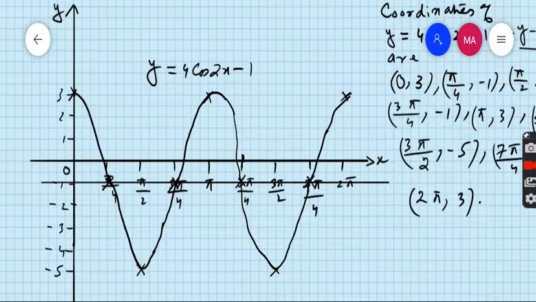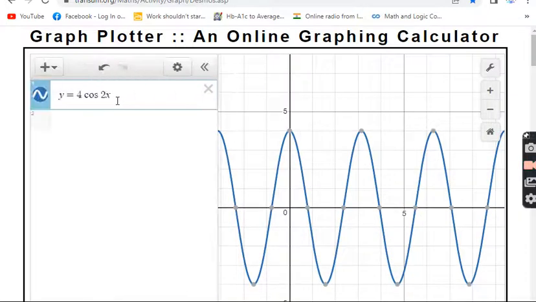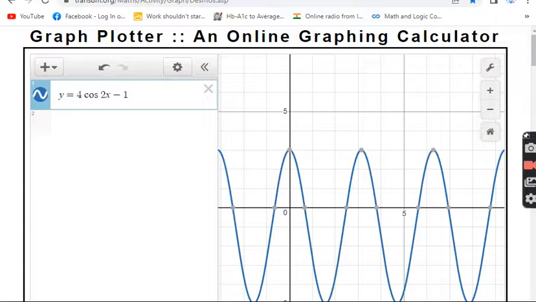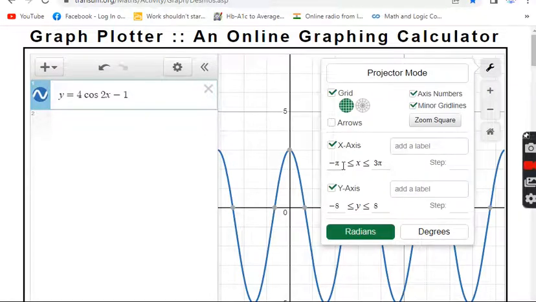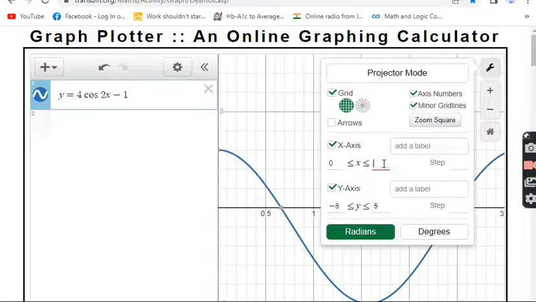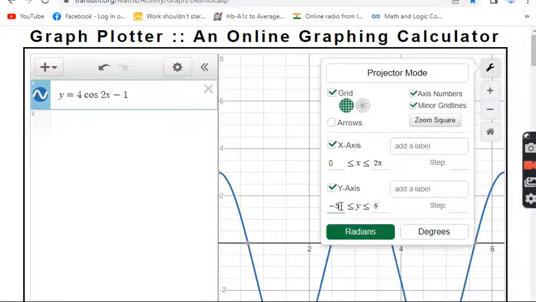4 cos 2x minus 1, from 3 to -5. The domain is from 0 to 2 pi, and the range is from -5 to 3.